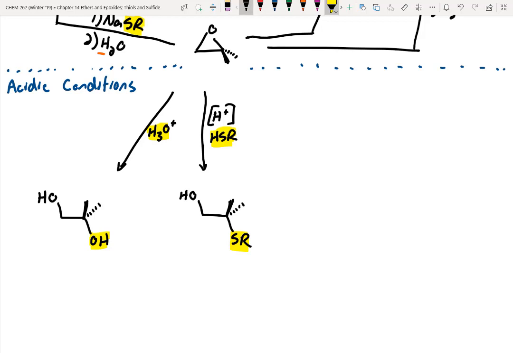All right, you can do this with alcohols as well, where you can use some sort of external acid and an alcohol. This could be methanol, ethanol, you name it. And you can make an ether this way.